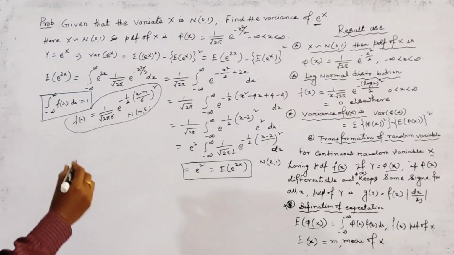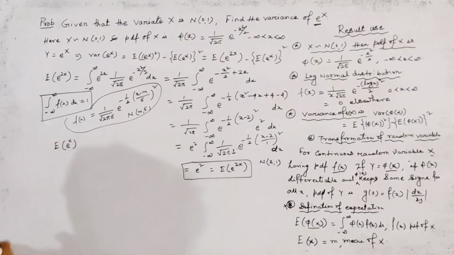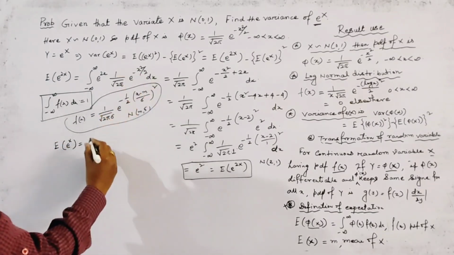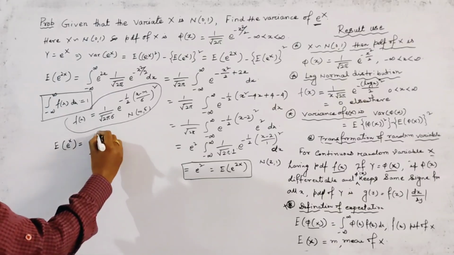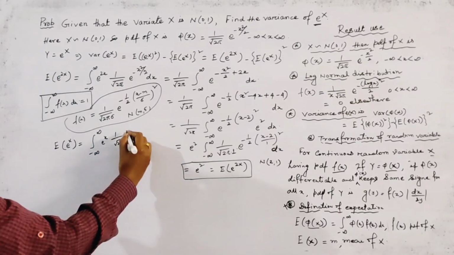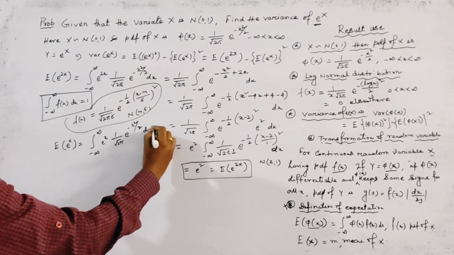Now we have to find the value of expectation e to the power x, which is given by the integration from minus infinity to infinity of e to the power x, 1 by root 2 pi e to the power minus x square by 2 dx.